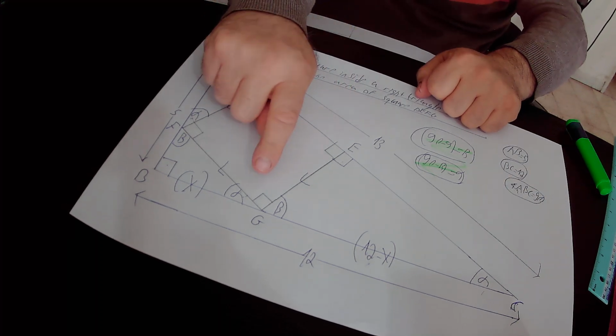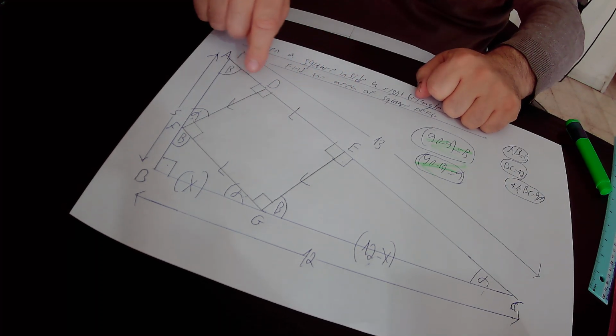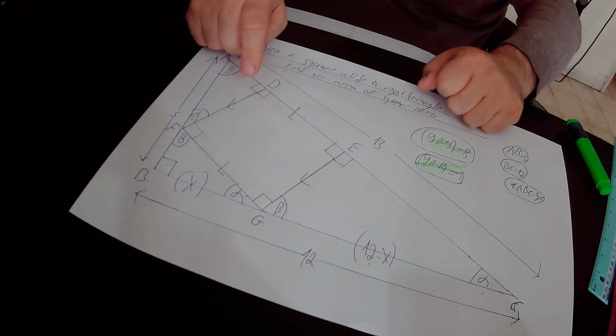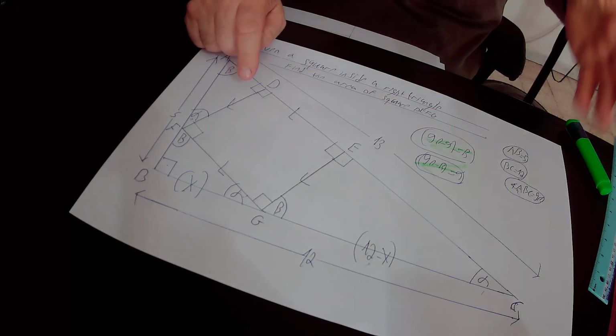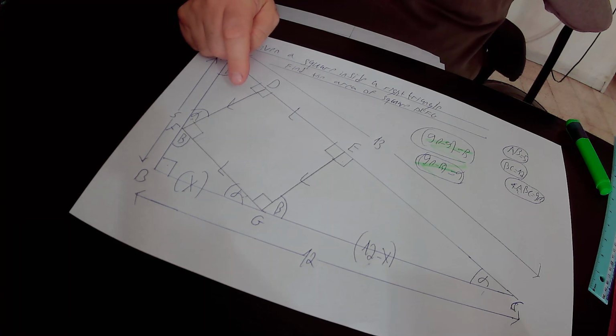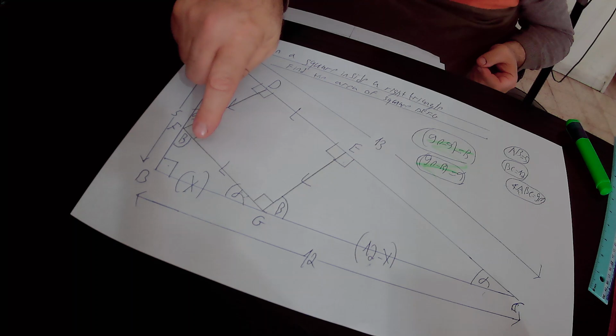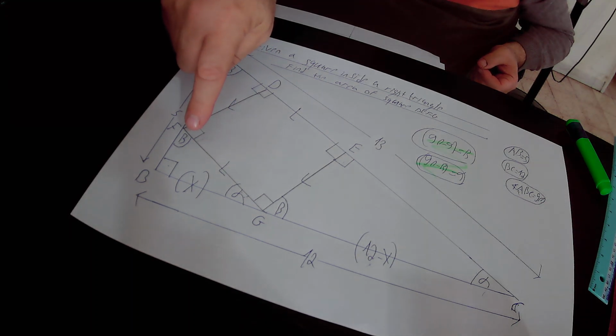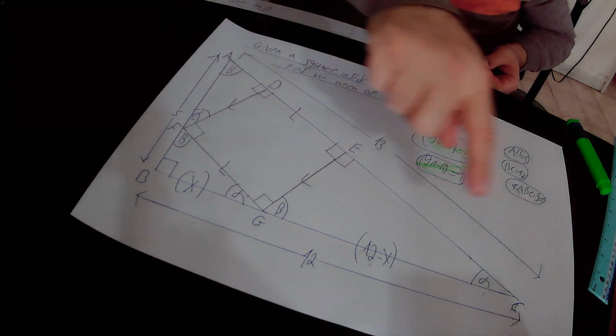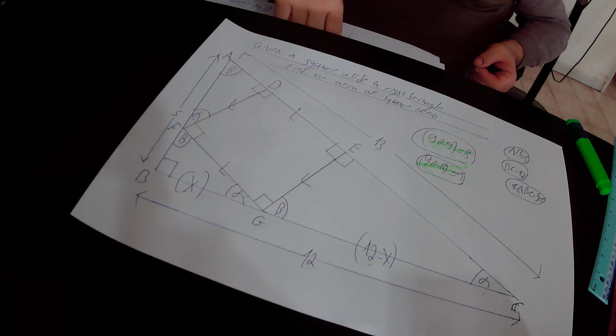We define one side of this square as L, therefore all the three other sides must also be equal to L because all the sides of any square are equal to each other. Okay, so this small right triangle FBG is similar to the big right triangle ABC.